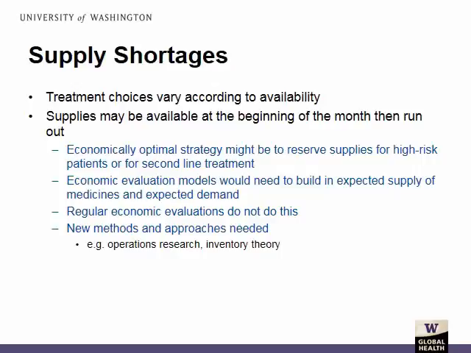But then, because the demand exceeds the supply of medicines, by the middle of the month, the stores are empty, so patients don't have anything else to use. But treatment choices often vary according to availability, so doctors use what they have. And when you have this situation where you have drugs at the beginning of the month which then run out, the economically optimal strategy might be to reserve supplies for high-risk patients or for patients who need second-line treatment.